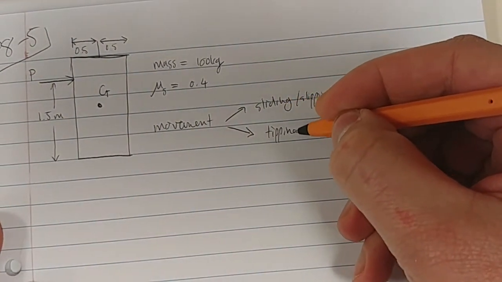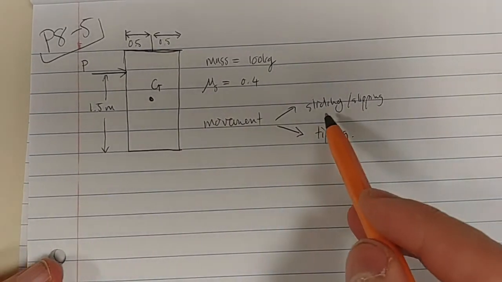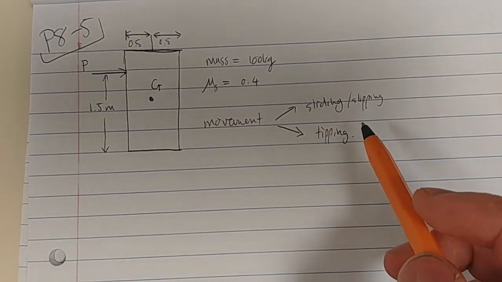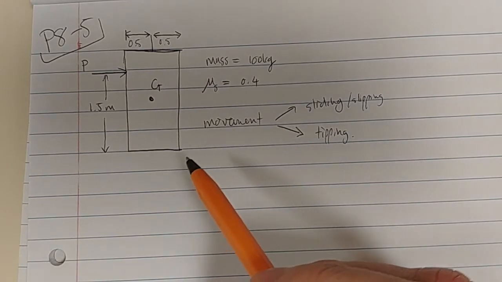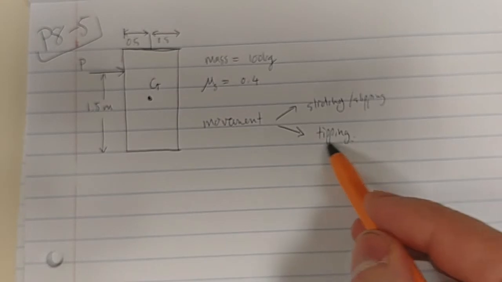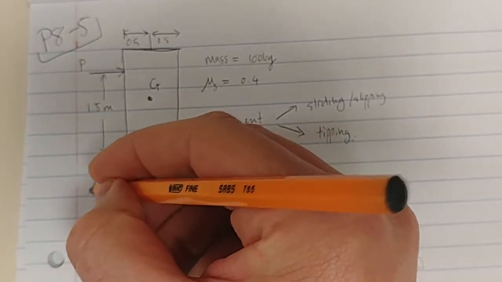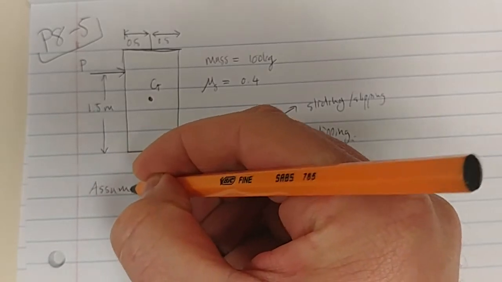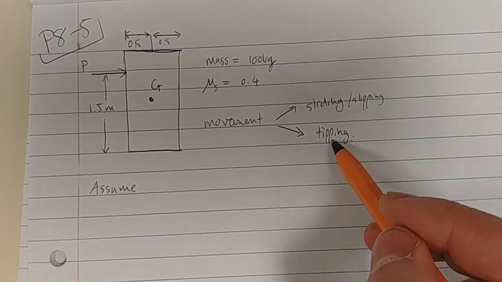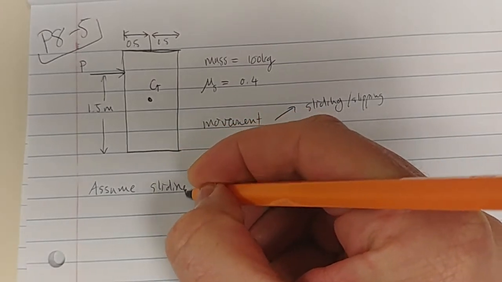Hopefully if you've gone through the previous videos, you'll see when we're considering sliding, we just consider the equilibrium equations that deal with the forces. And when we consider tipping, we look at the moments. So the way that we solve this problem is we assume sliding and not tipping. Okay, we assume sliding or slipping.